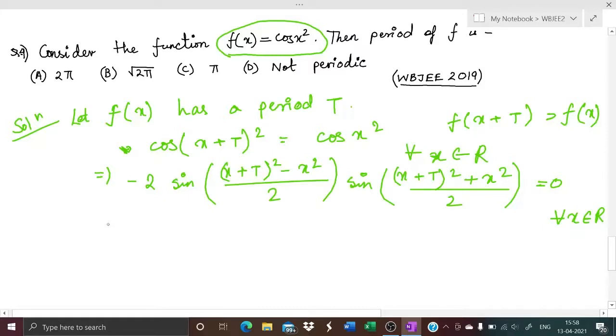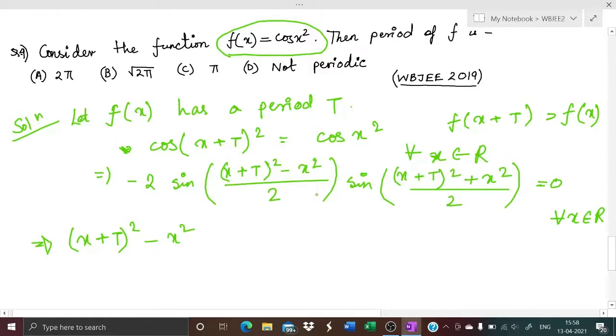Okay. Now, from here, the product of two sine terms is 0, so either one of them is 0. So this implies that either sine of ((x plus T) whole square minus x square) by 2 equals 0, jumping one step, or the other sine term is 0.